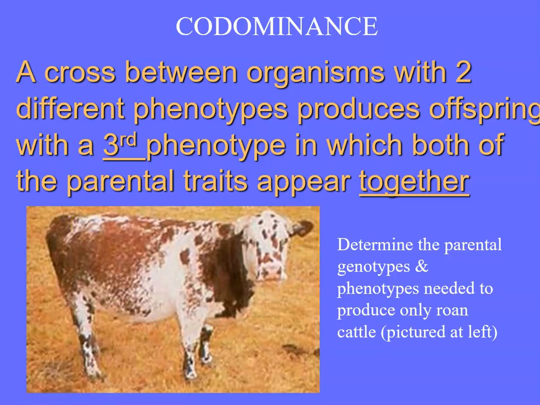It's not light brown like it mixed together. They both appear. So there's going to be a different scenario here. It's like both of those colors of fur are fighting to be shown in the pattern of the cow. So let's do a Punnett square for this to determine the parental genotypes and phenotypes needed to produce only roan cattle, like shown here at the left.